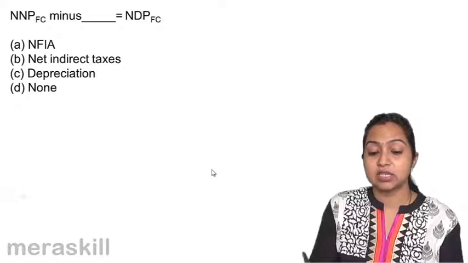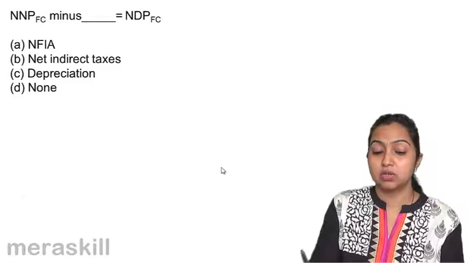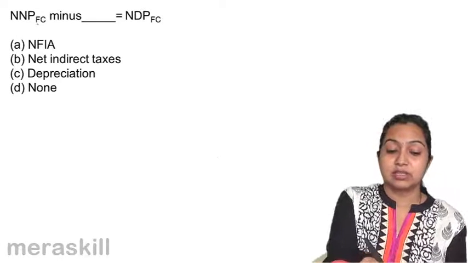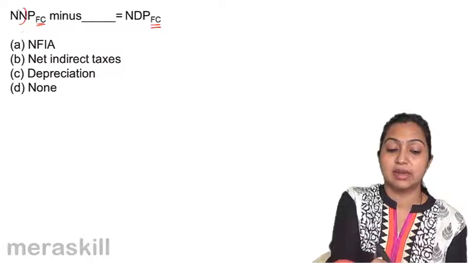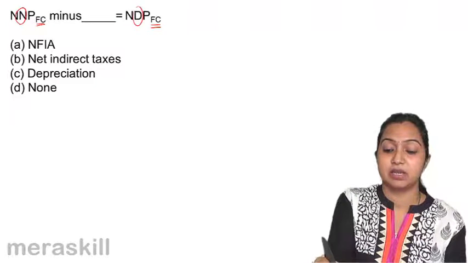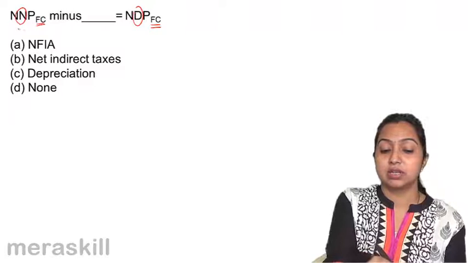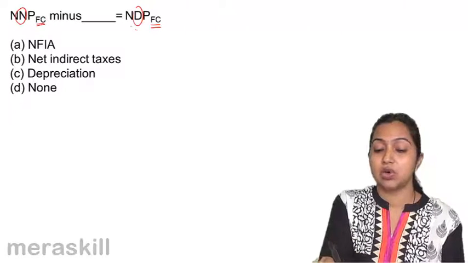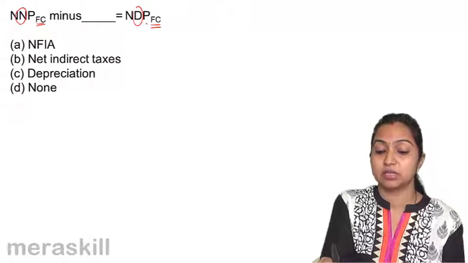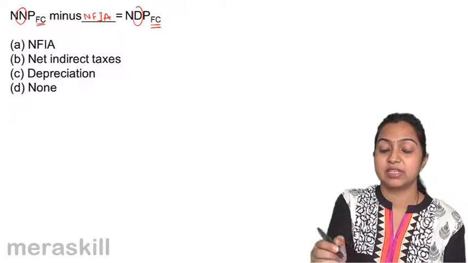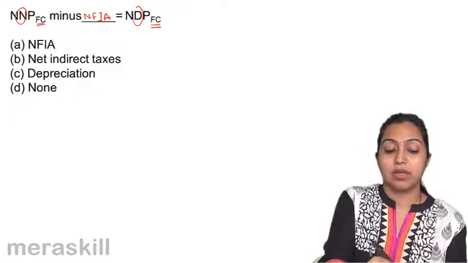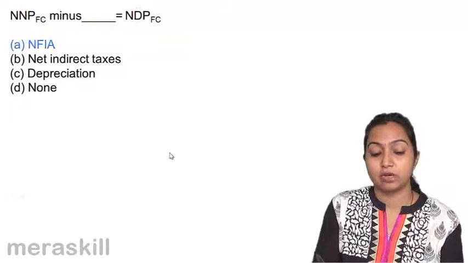NNP at factor cost minus dash is equal to NDP at factor cost. Do not get confused. This is factor cost, this is factor cost. Where is the difference? This is NNP and this is NDP. From national, you subtract net foreign income from abroad, NFIA, you arrive at the domestic income.